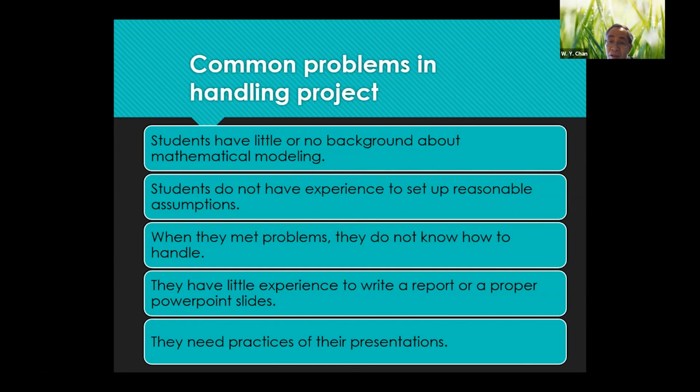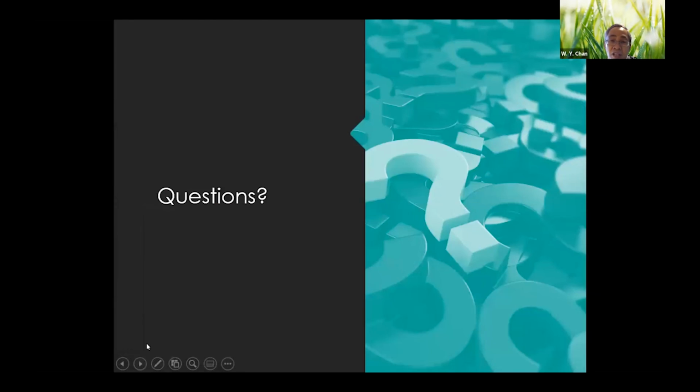When they see the problem, they may hold on and not know how to answer right away. If you give them time, they could give some solutions and different kinds of thinking, or they need some extra help. They have little experience writing a report or a proper PowerPoint slide, and they also need a lot of practice on their presentation. So this is the sharing I have for this section.